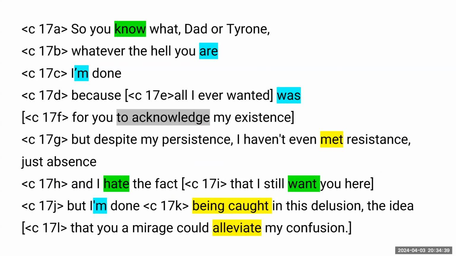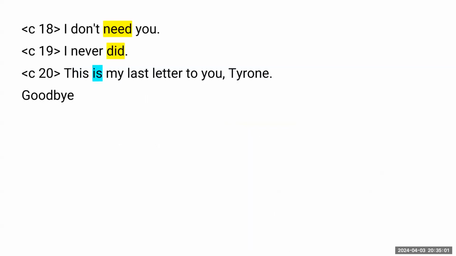No, mental. Are, verb to be. To acknowledge, again verbal, saying. Met, doing, hate, want. Being caught, alleviates, both doing.